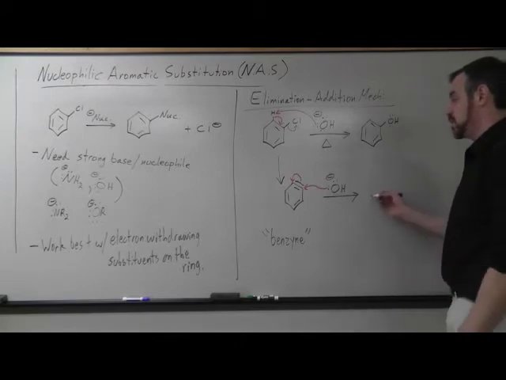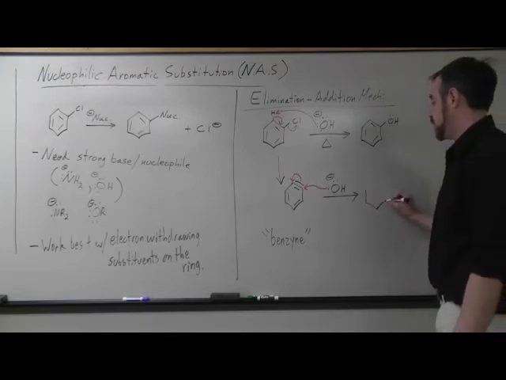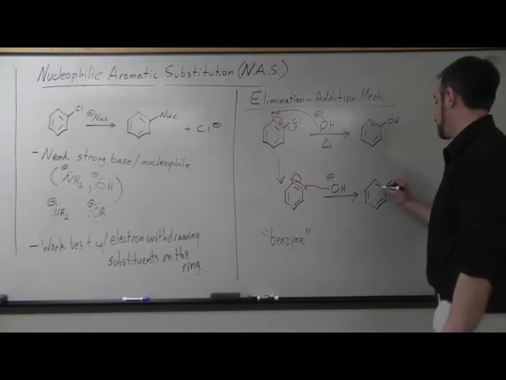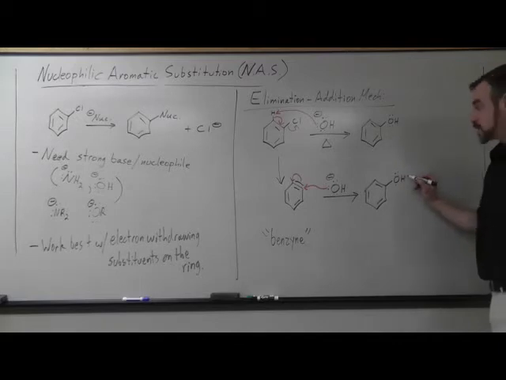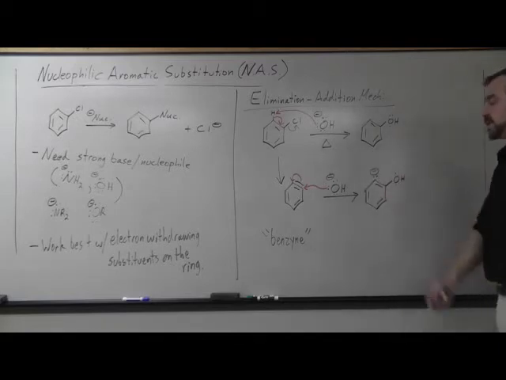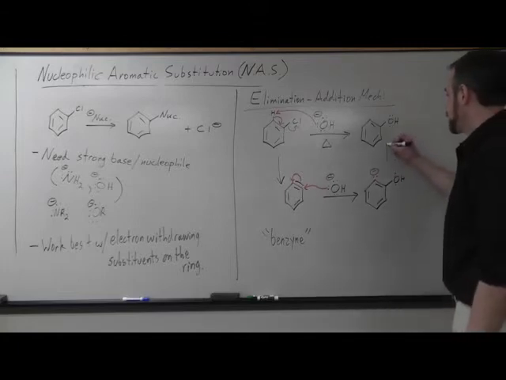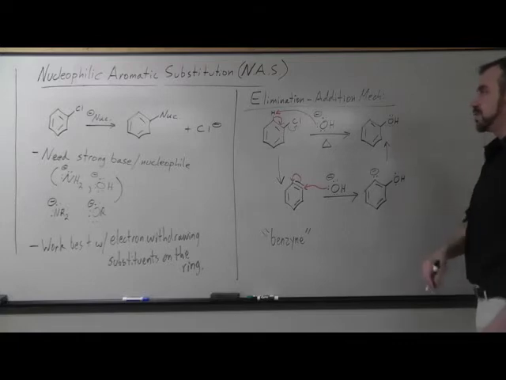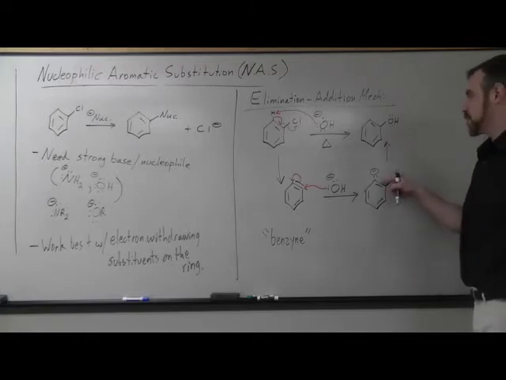If it attacks there, the pi bond that's not part of the aromatic system is lost. We get our hydroxyl group on, and then there's a negative charge at that carbon. And in the very last step, we need to take a hydrogen from somewhere.